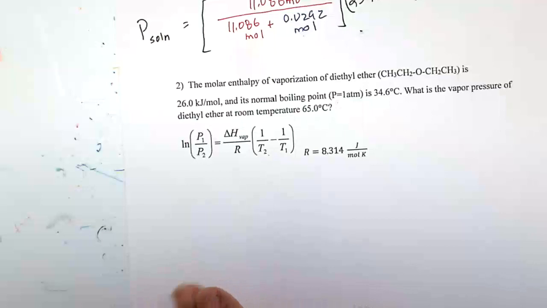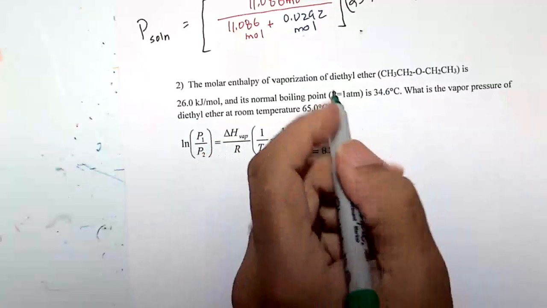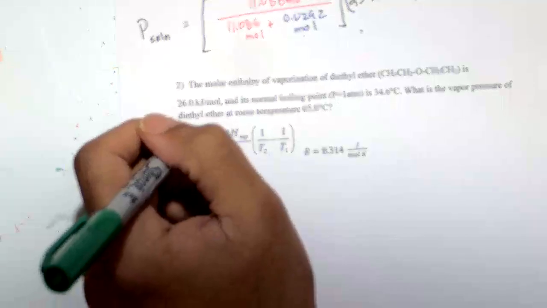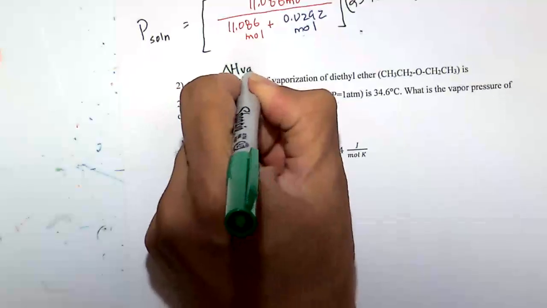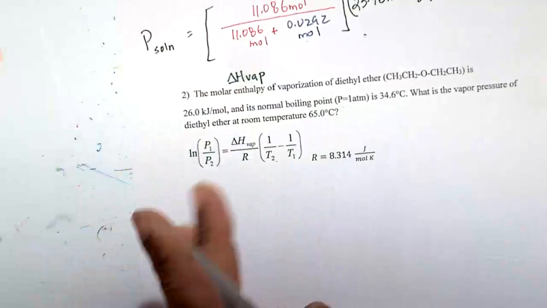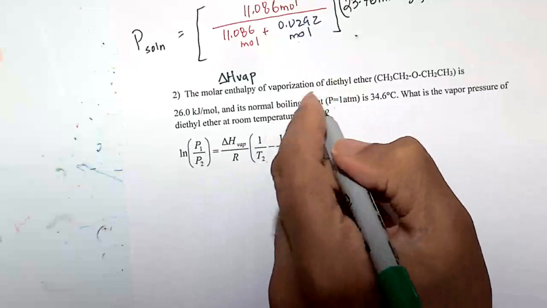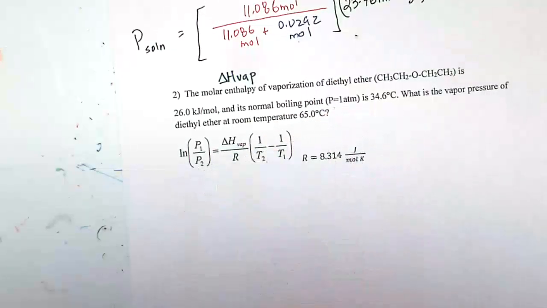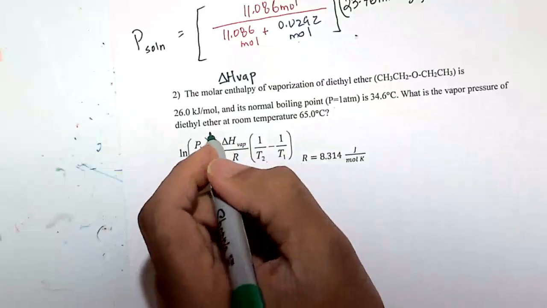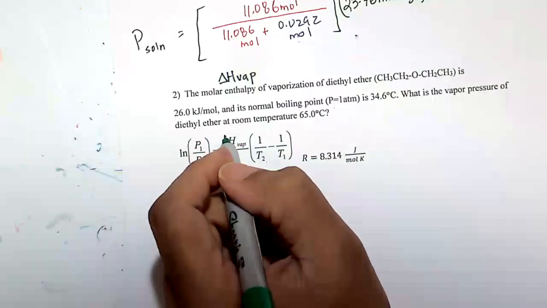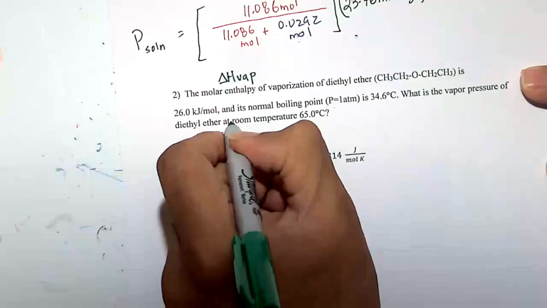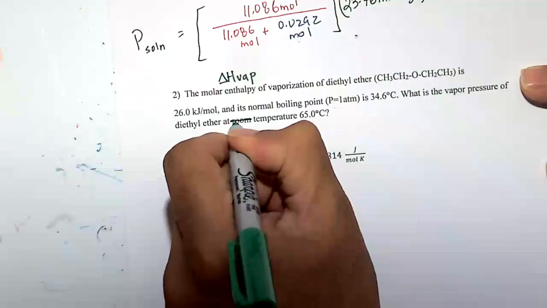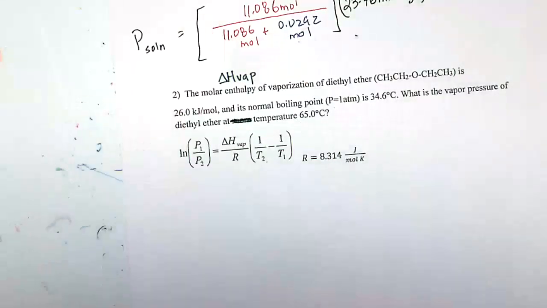The molar enthalpy of vaporization of diethyl ether is 26 kilojoules per mole. We'll also call that delta H vap. And its normal boiling point is 1 atmosphere at 34.6 degrees C. What is the vapor pressure of this molecule at temperature 65 degrees C?